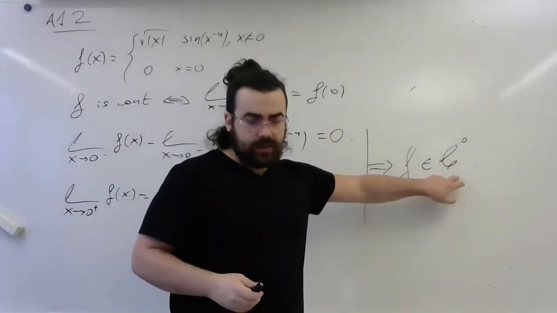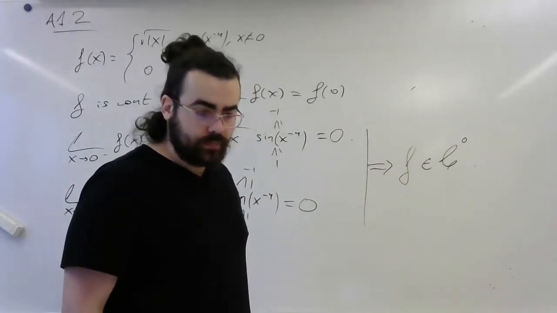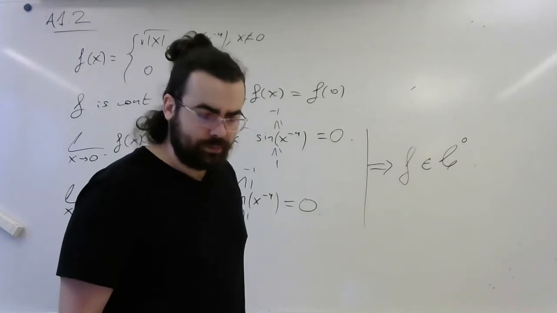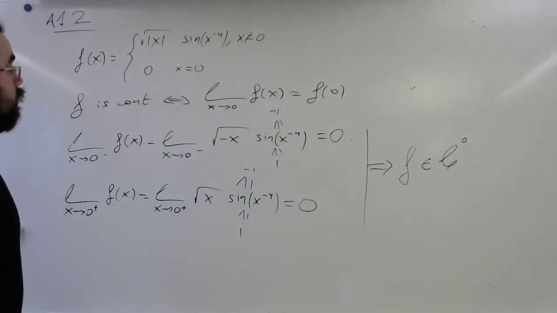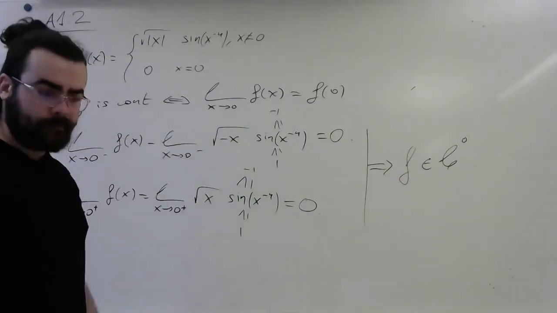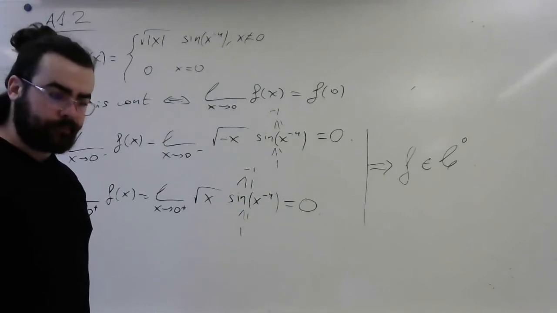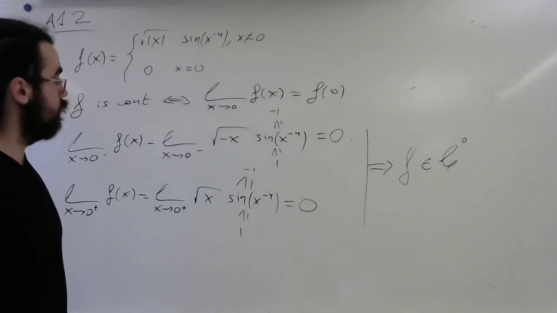Can I ask something? Yes, you can. So we don't need to use squeeze theorem to solve this? You don't need to use what, sorry? Squeeze theorem to solve this. No, not really. Because I was thinking like we don't even need to know the limit of sine because we have the limit of square root of absolute value of x.